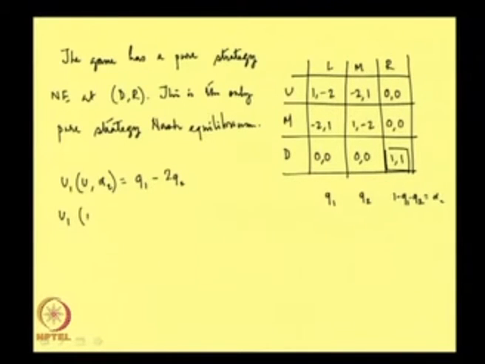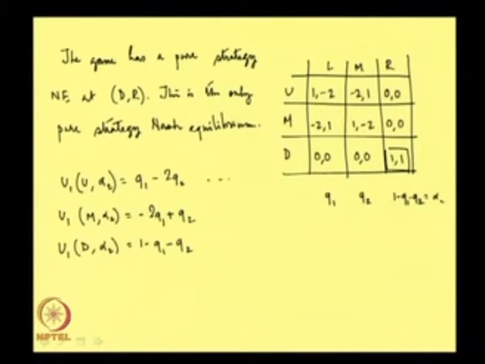If he plays M, then what is his expected payoff? Minus 2q1 plus q2. And if he plays D, then his expected payoff is just 1 minus q1 minus q2.